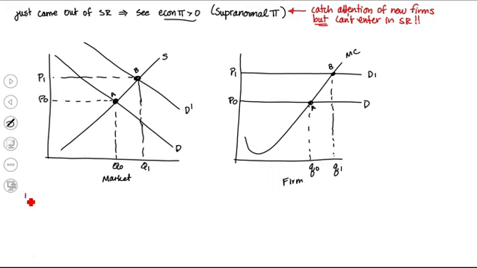So we want to make a note that in the long run, firms enter. Why are they entering, guys? Yeah, there's money to be made. Remember, they're entering because there are supernormal profits being made. Better than opportunity cost. In other words, we can do better in this industry than our opportunity cost.